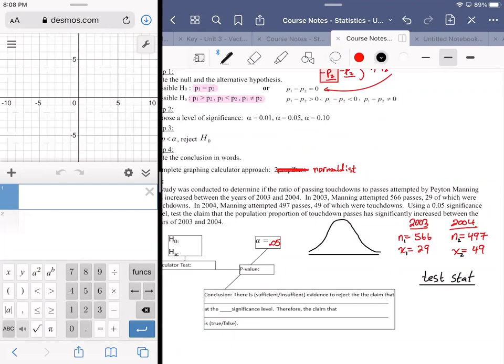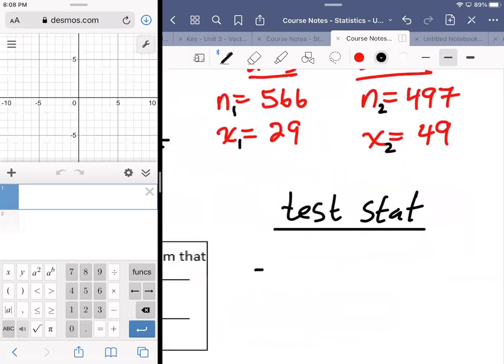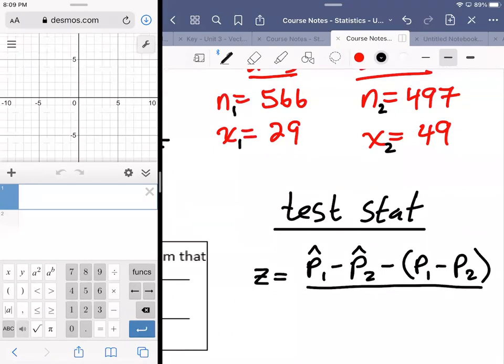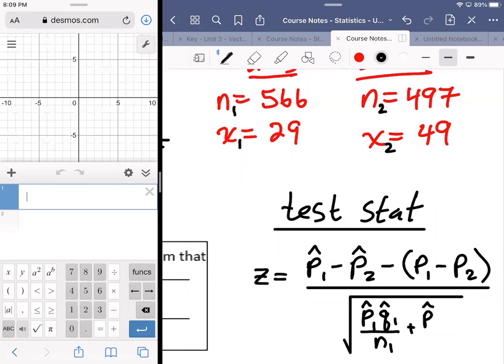is a pretty crazy looking formula. It's z is equal to p hat 1 minus p hat 2 minus (p1 minus p2) over the square root, if it locks in, of p hat 1 q hat 1 over n1 plus p hat 2 q hat 2 over n2.